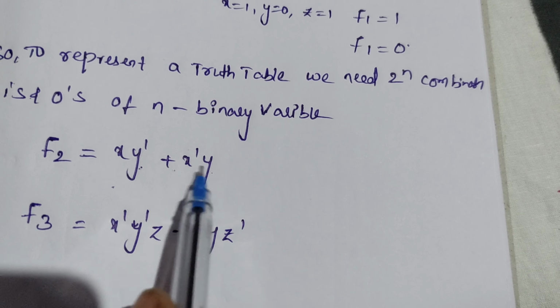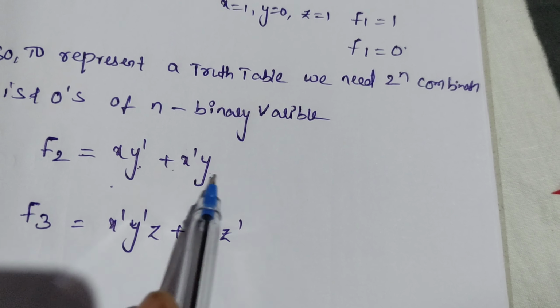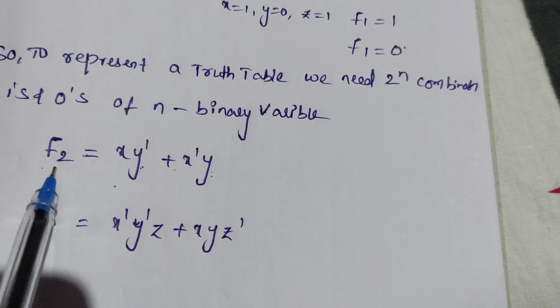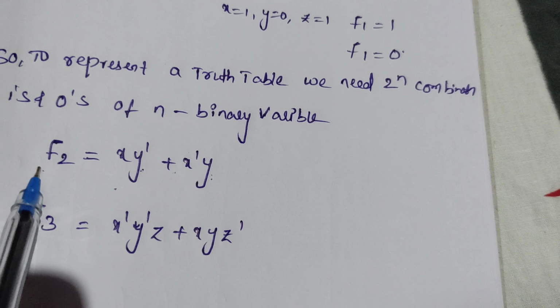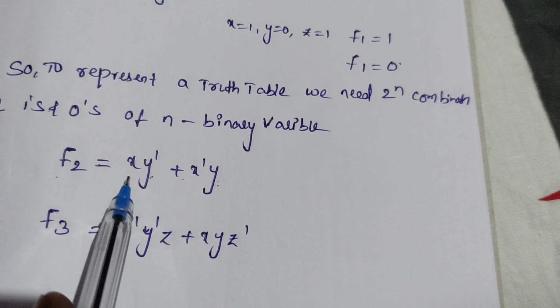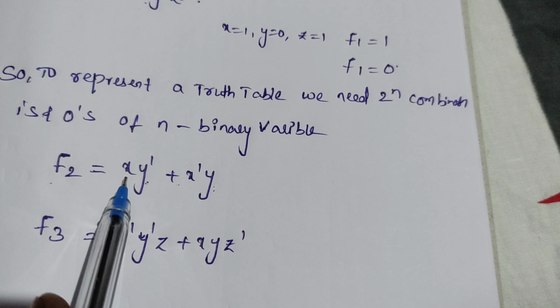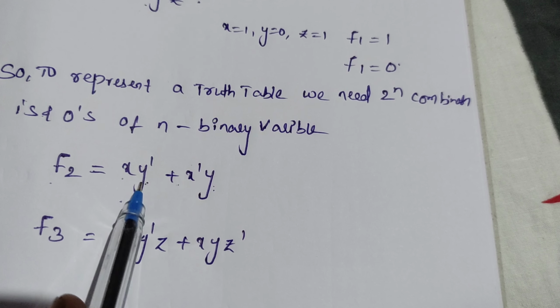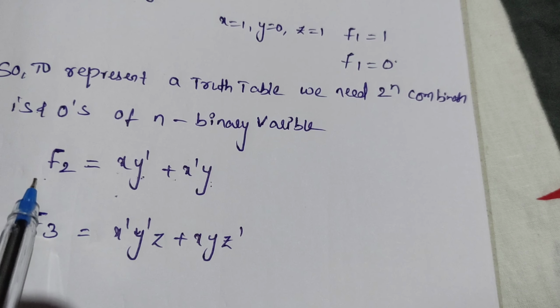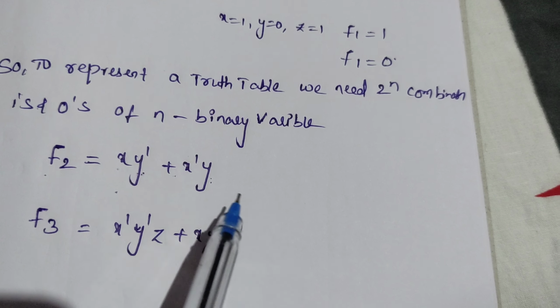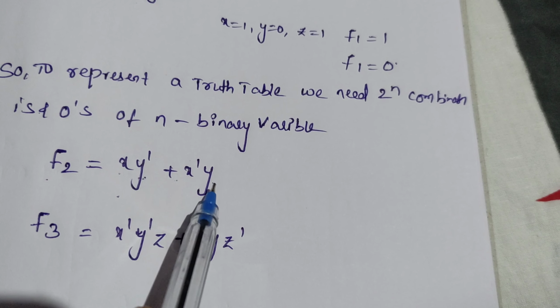A Boolean function is a combination of variables; an expression or an equation, both are the same, which equals a Boolean function. Now we will see the truth tables of these three functions f1, f2 and f3.